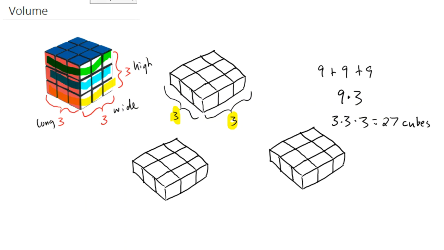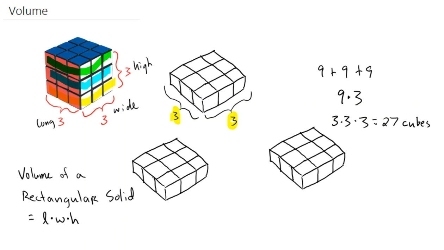And that's basically the formula for the volume of a rectangular solid. So the volume of a rectangular solid is its length times width times height, to determine how many total cubes it's taking to make our Rubik's Cubes.